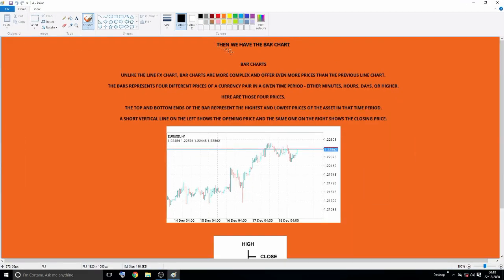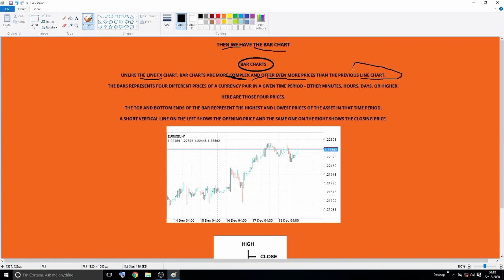And then we have the bar chart. So what is a bar chart? Unlike the line forex chart, bar charts are more complex and offer more price information than the previous line chart.